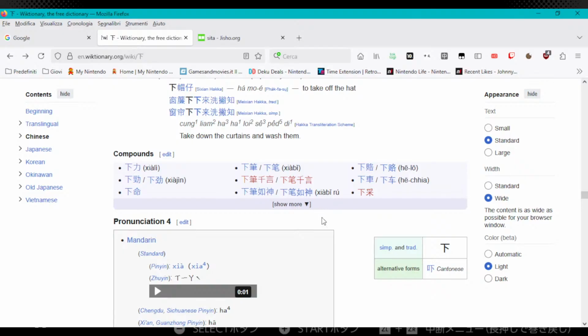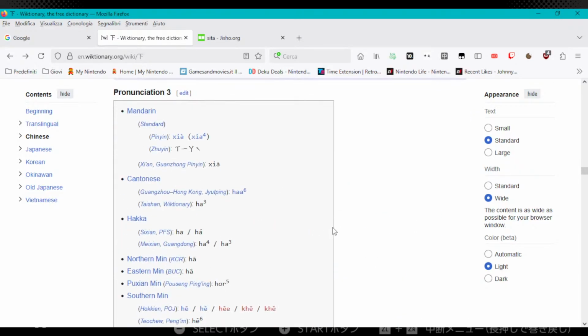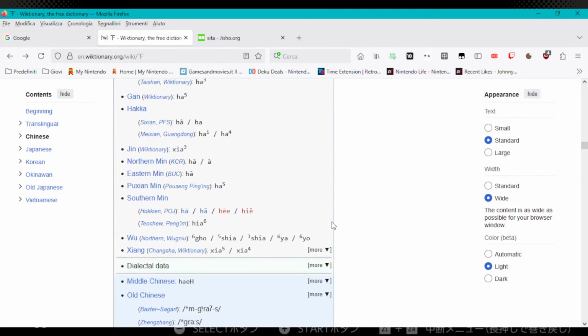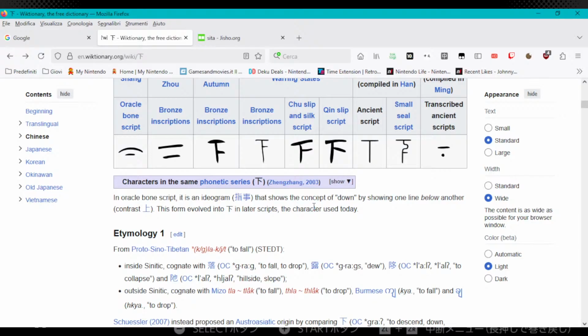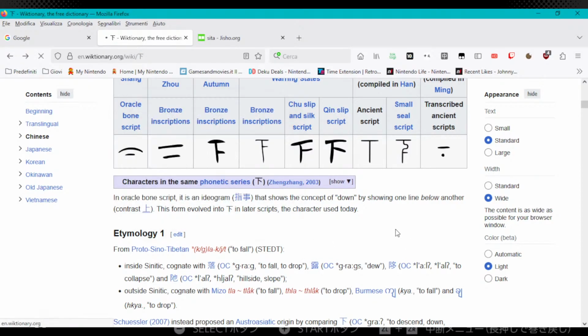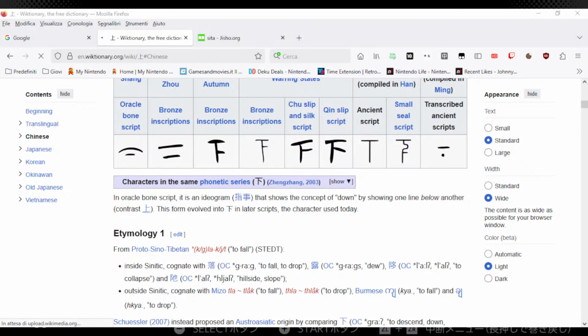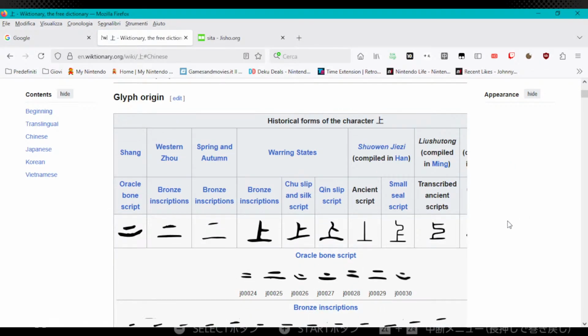Now, to finish it and finally go back to our game, finally start for today. Sorry, I have to scroll. Okay. Let's see the opposite word, the one for above, up.